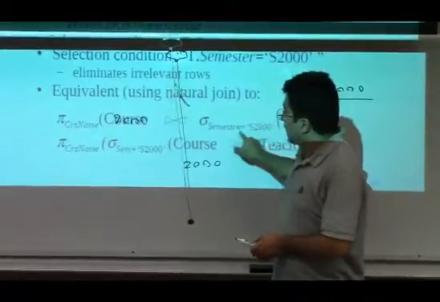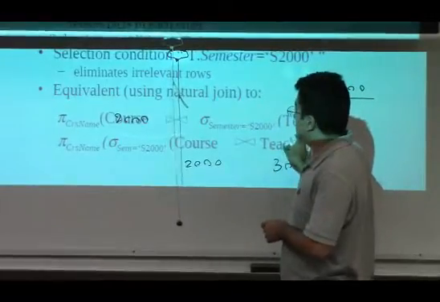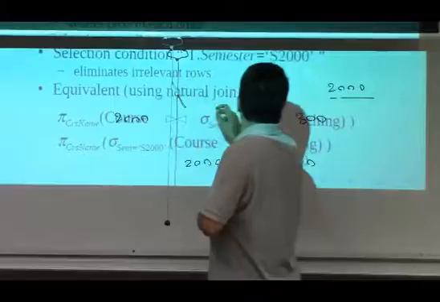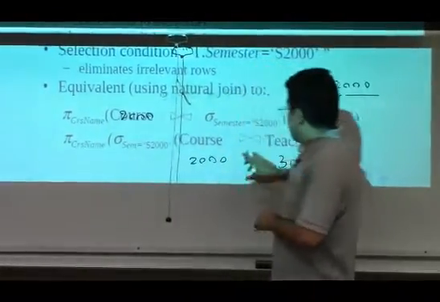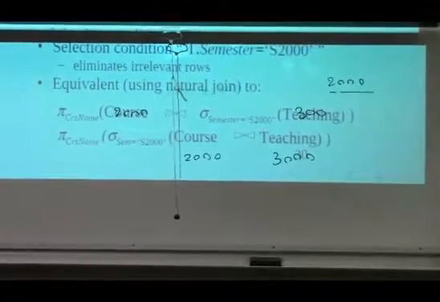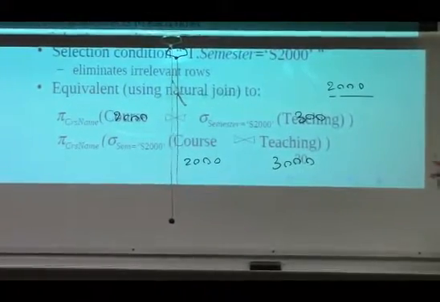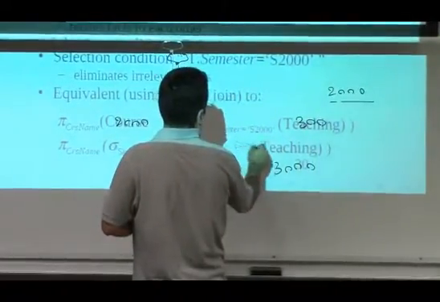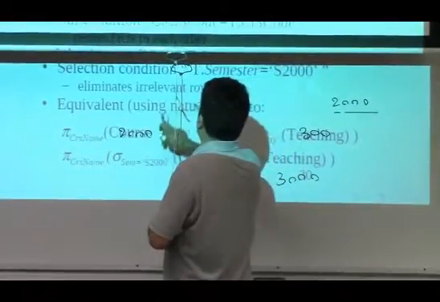Therefore, in this expression, we have to consider 2000 multiplied by 300 rows. But for the bottom one, how many rows should we consider? It is 6 million rows. The upper one is 600,000.